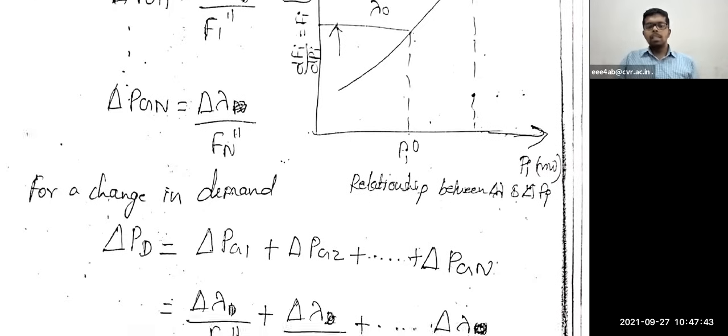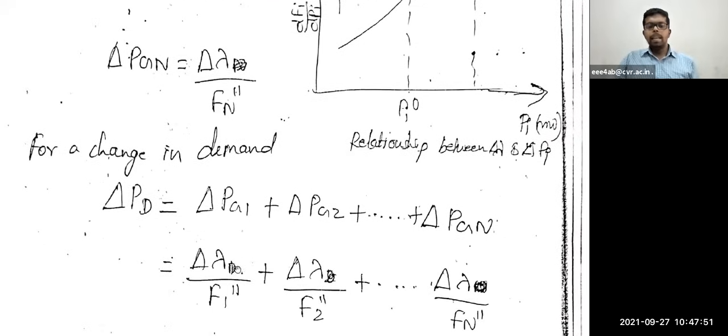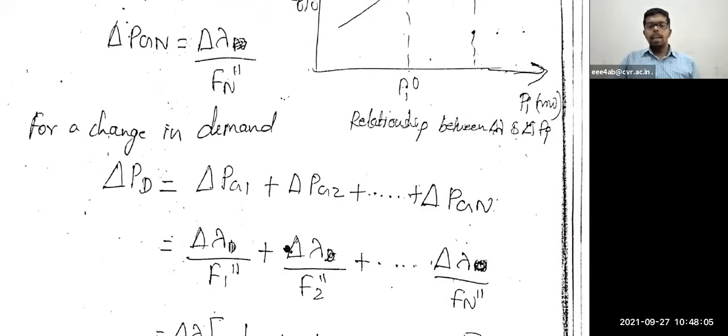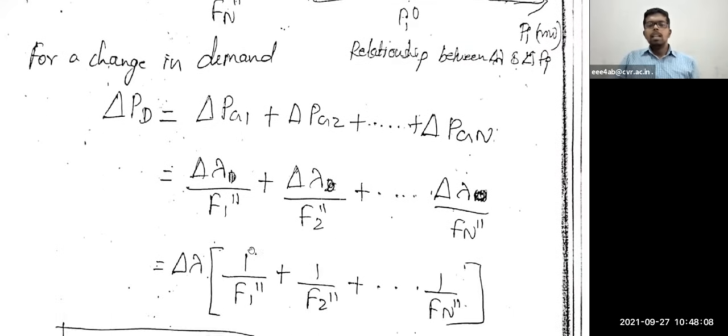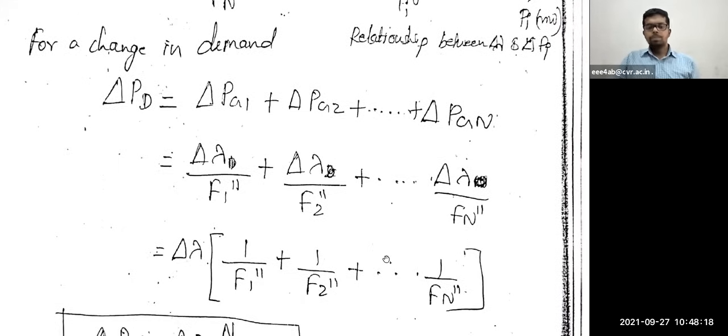So you have to add all these things. You very well know what del PG1 is. From this equation, del PG1 is del lambda divided by F1 double dash. Next, del lambda divided by F2 double dash, up to del lambda divided by Fn double dash. We very well know this. Now we have to simplify this. I take del lambda outside: 1 divided by F1 double dash plus 1 divided by F2 double dash plus up to 1 divided by Fn double dash.